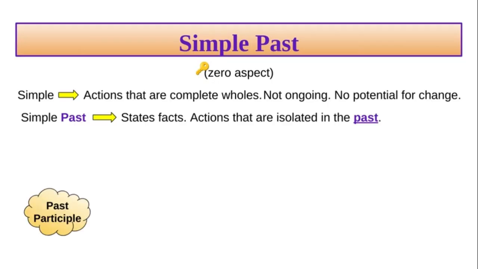The simple past is conjugated using a past participle. A past participle is the base form of a word plus an ed suffix. Some regular verbs only need a d or a t suffix. We're going to use the ed suffix with our regular verbs in this lesson.